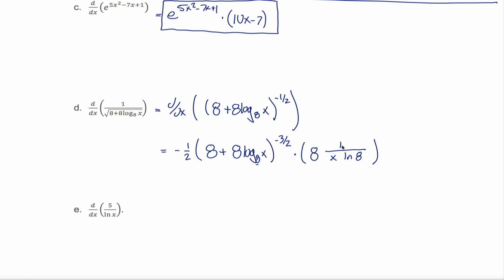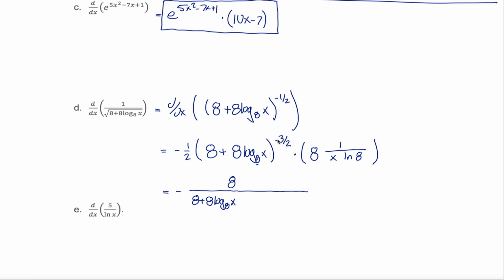You could clean this up a little bit if you wanted to. I mean, maybe throw this 8 up on the top here. Get rid of this negative exponent. Sure, I'll do it. I got a negative times a positive, so the whole thing's going to be negative. I'm going to have a big old fraction because there's some stuff on the top and some stuff that's on the bottom. I think the only thing that's on the top is this 8 that you see over here. Down on the bottom, I got 8 plus 8 log base 8 of x, all this stuff, raised up to the negative 3/2 power.